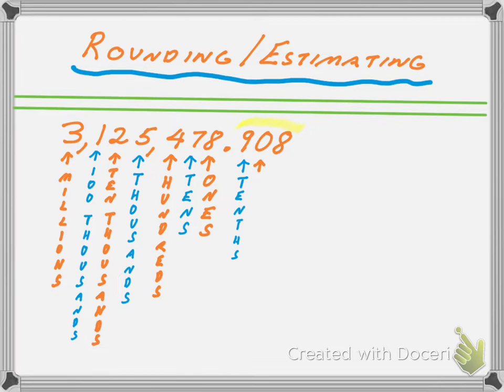So here we have tenths, hundredths, and thousandths. You'll notice that each of these places ends in a TH, or in this case, THS, plural. So when rounding and when estimating, it's important to understand the places and their location.